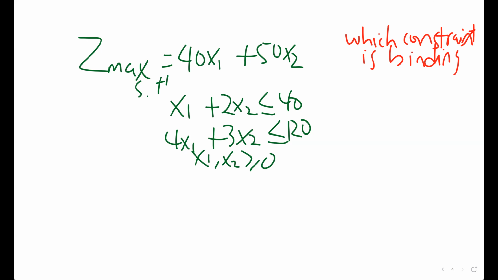Kojo, was your hand up? If you have another way of saying it, you raise your hand. What is another way of explaining what a binding constraint is?